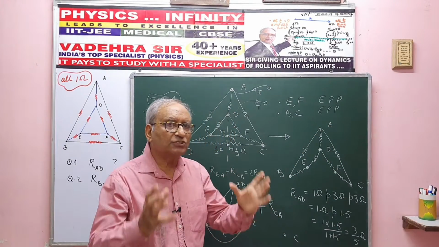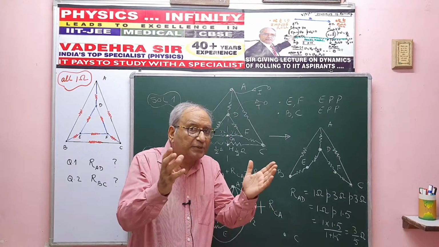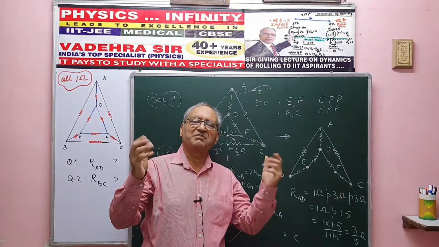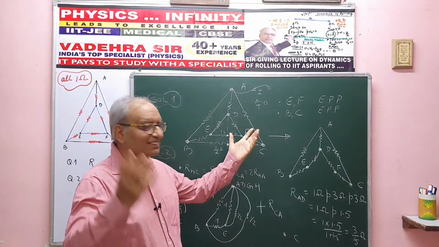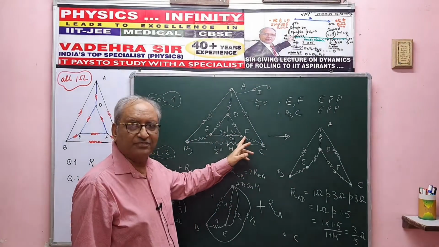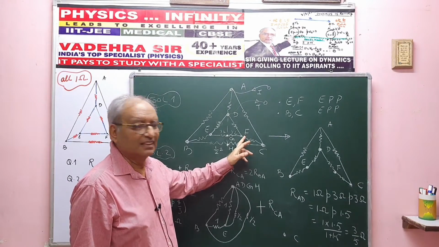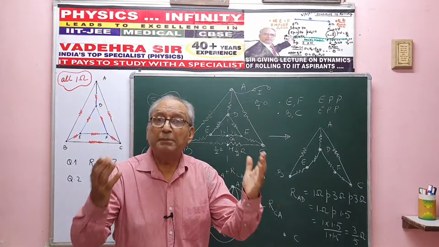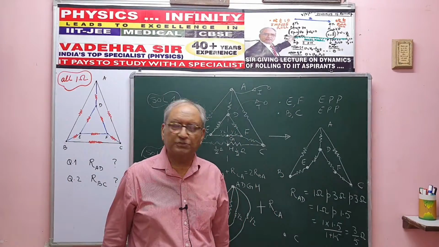If these are equipotential points, then the resistance between them can be ignored. So I redraw the circuit by ignoring the resistance between EF and between BC, because EF and BC are EPPs, equipotential points. Gone.